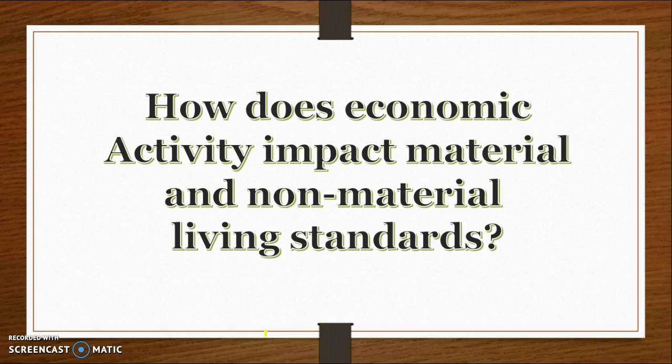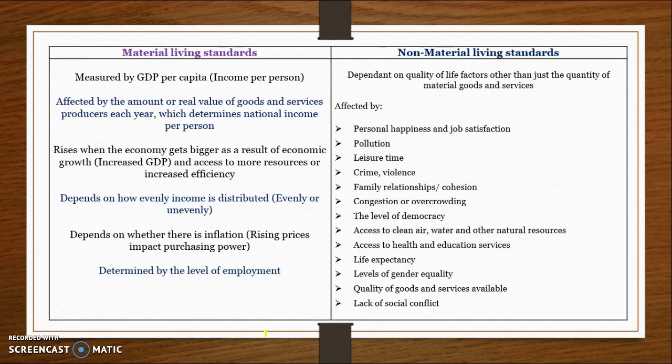When we're talking about economic activity, you need to be able to articulate the impact economic activity can have on both our material and non-material living standards. So material living standards are measured by GDP per capita, or income per person. So when the amount or real value of goods and services increases from one year to the next, the total national income increases.